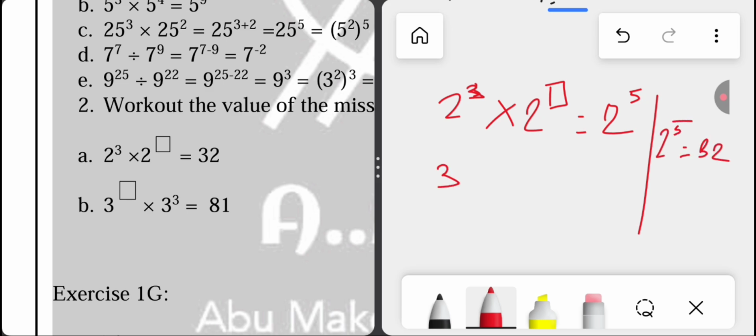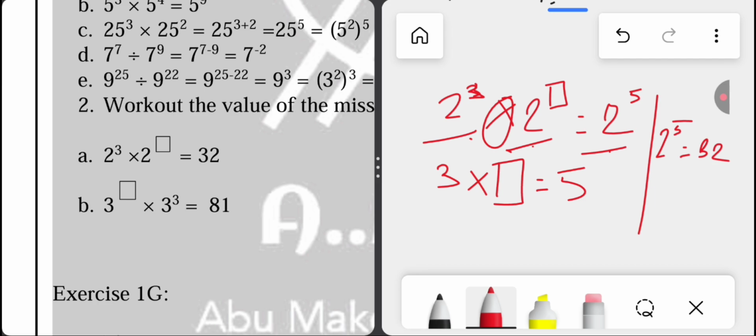So now, as all bases are same, on the left hand side of the equals to and the right hand side of the equals to, we are going to simply write power is equals to power, meaning the powers will be equal to each other.